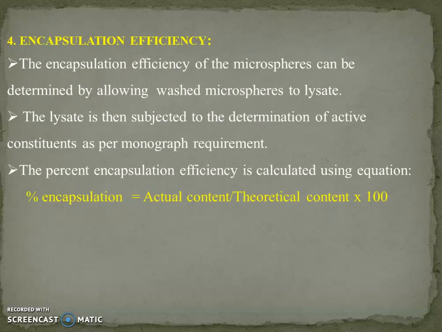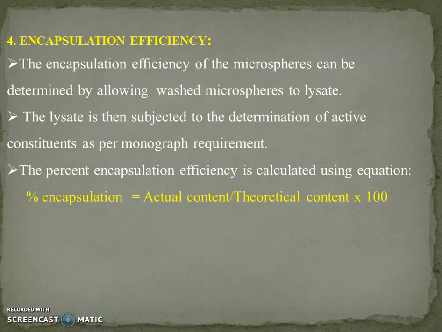Next one, encapsulation efficiency. It is nothing but how much amount of drug is entrapped in the microcapsule. The microencapsulation efficiency can be determined by washing the microcapsules to lysate.